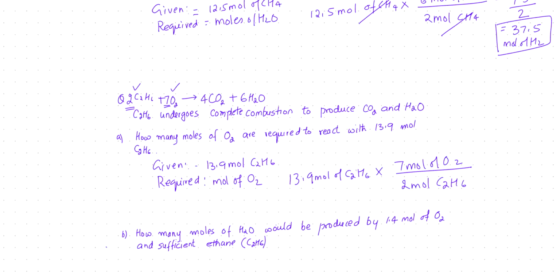So now we have 13.9 times 7 divided by 2. Use a calculator and find 13.9 times 7 divided by 2.